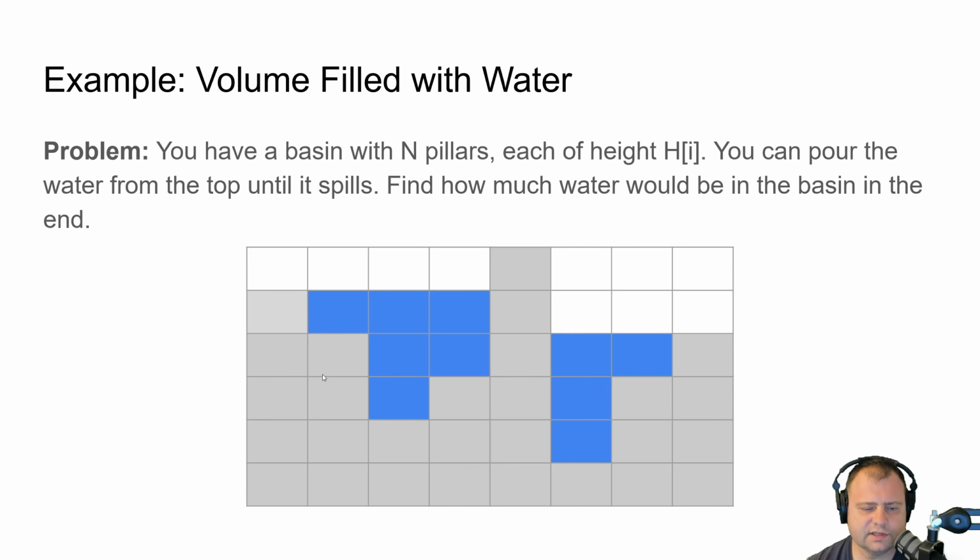You can think of these as horizontal slices of water. For example, here we just have a simple slice with one cube. Then we add this to the stack. So now the stack has the first, second, and fourth elements. Then we encounter this big pillar that is going to pop out everything from the stack.